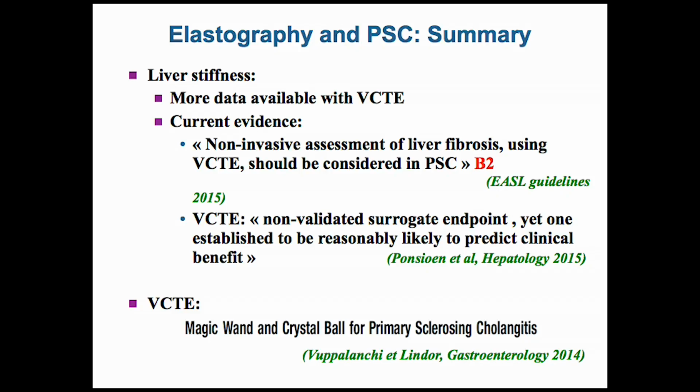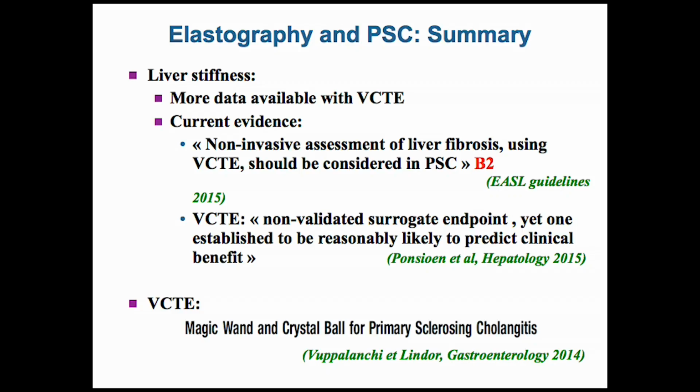So to sum up this part, more data is available with FibroScan, and last year the EASL stated that non-invasive assessment of liver fibrosis using FibroScan should be considered in PSC, but with an intermediate level of evidence.